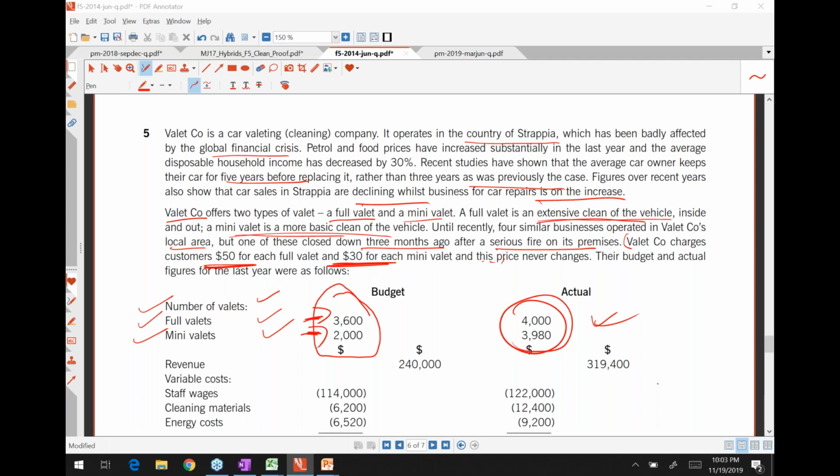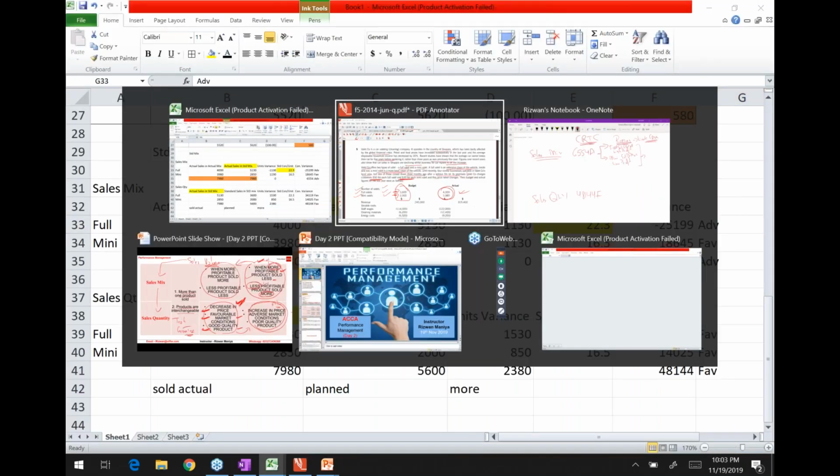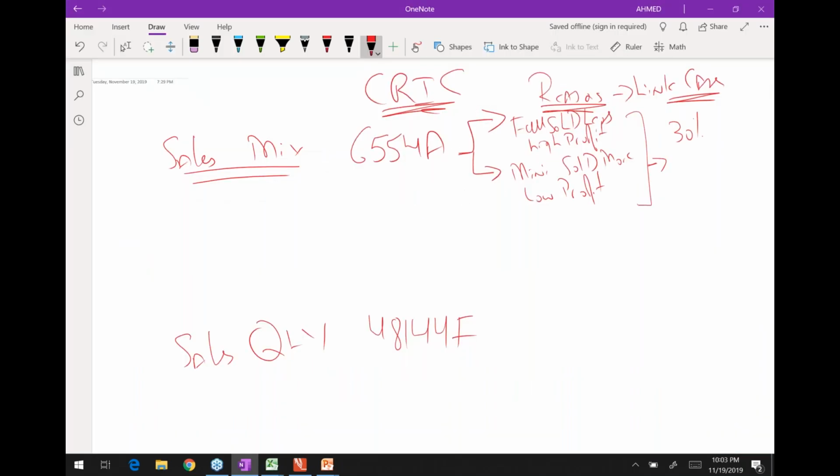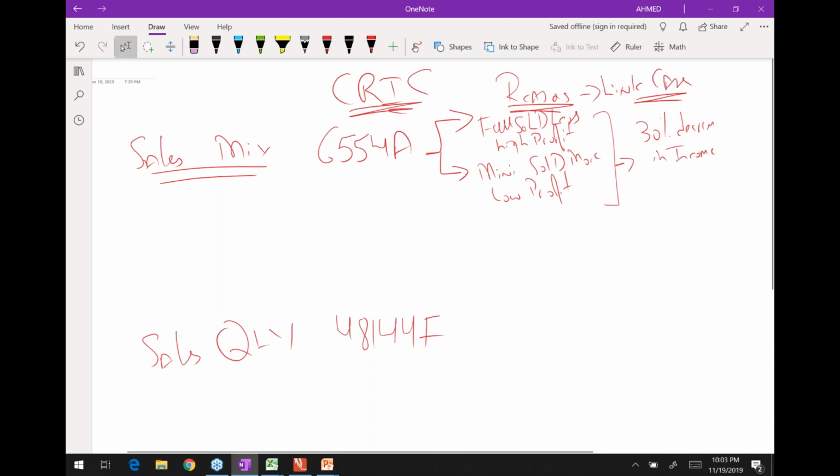So it's simple. 30% decrease in income is the reason for more sales of mini because it's cheaper, and less sales of full.